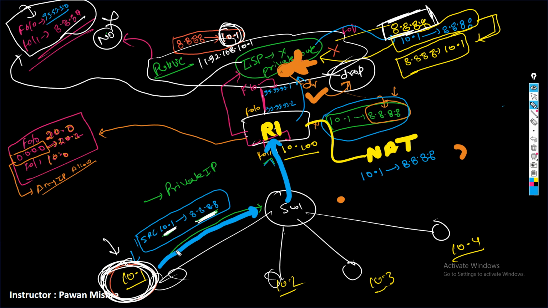Okay. Now let's discuss the flow again. PC 10.1 forwards this packet to the switch, and the switch will forward this packet to the R1 router. It means the R1 router will receive it with source IP 10.1, destination IP 8.8.8.8. Now, what will this R1 router do? This R1 router will remove the source IP actually. And what is the IP address of this interface?